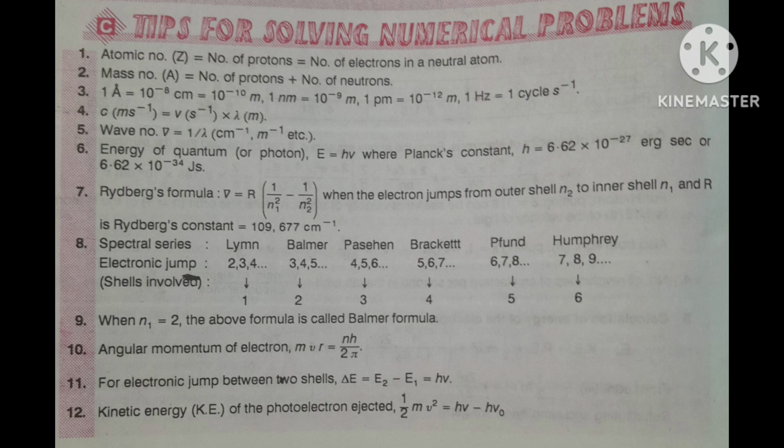To third from 4, 5, 6, 7, Paschen. To fourth from 5, 6, 7, only one down, Brackett. From 6, 7, 8 to 5, Pfund series. And from 7, 8, 9 to the 6th orbit, it will produce the Humphreys series.